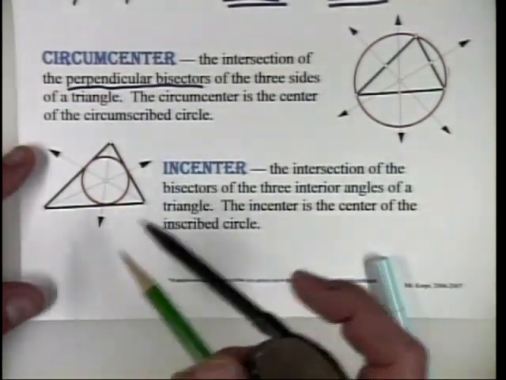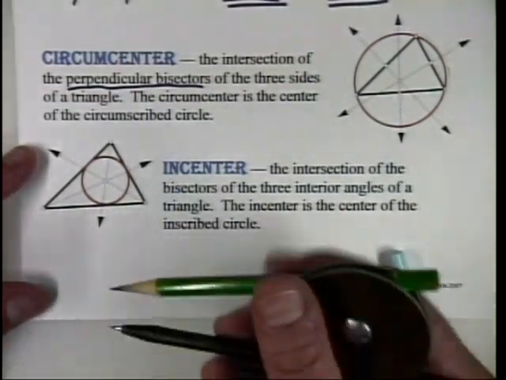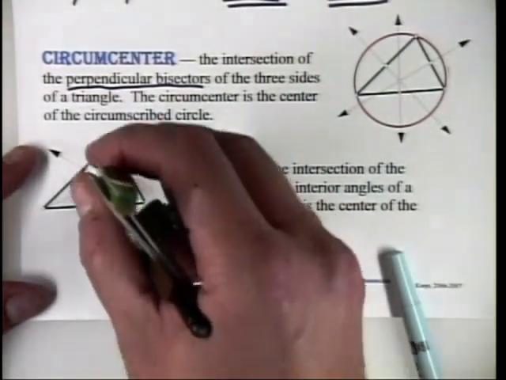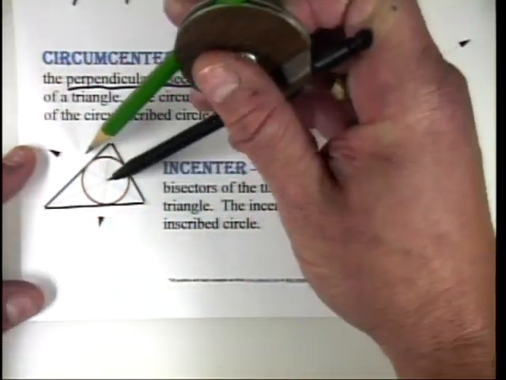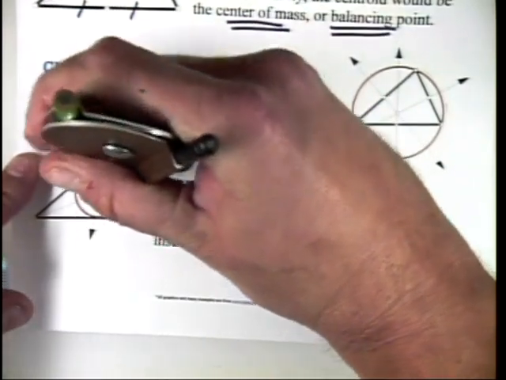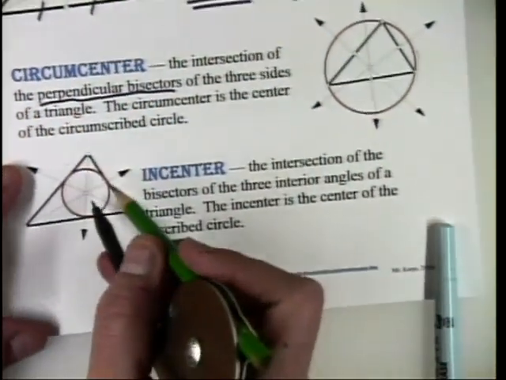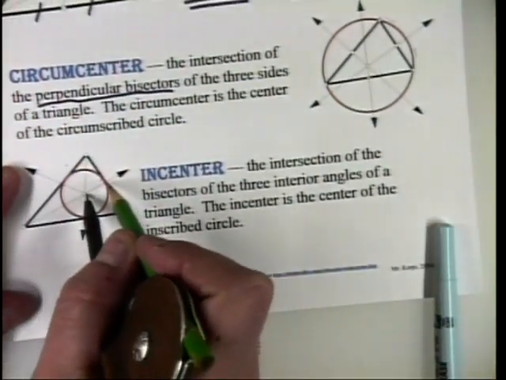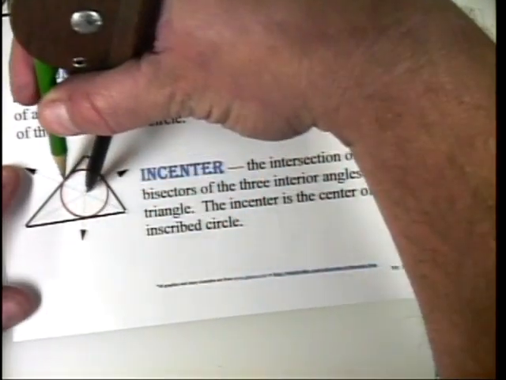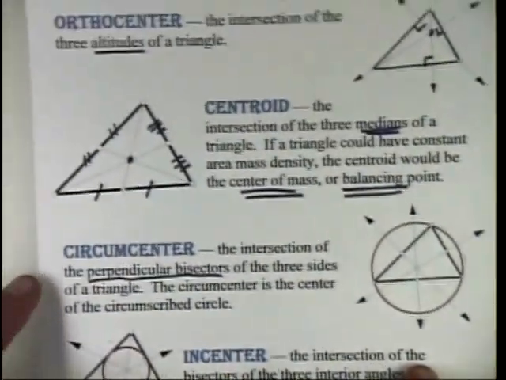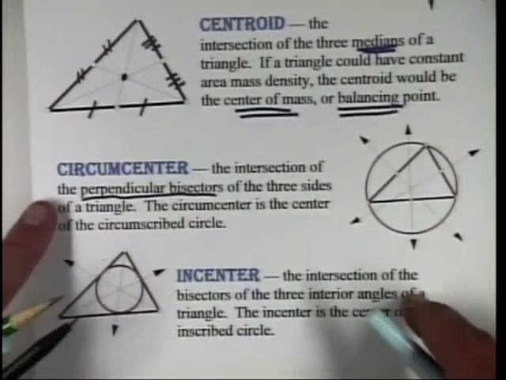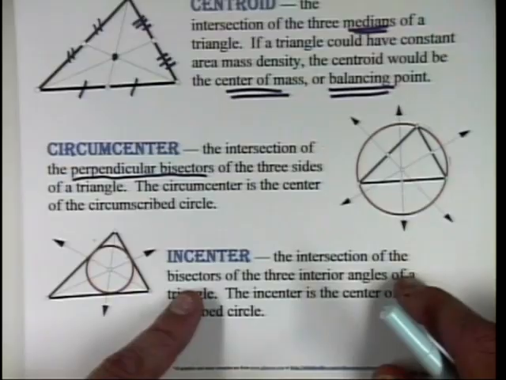So if I drew my three angle bisectors, that point of concurrency is the incenter, and it would form the radius then of a circle that would be contained inside the triangle. So the distance basically from that center, the perpendicular distance to each of the three sides, would be the same distance. So interesting names for some interesting points. Orthocenter, centroid, circumcenter, and incenter.